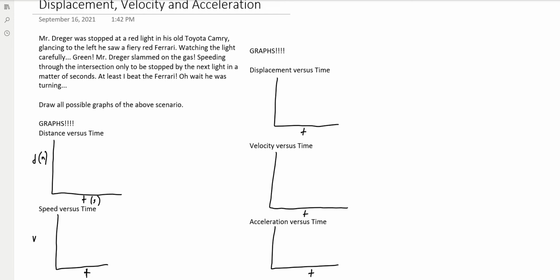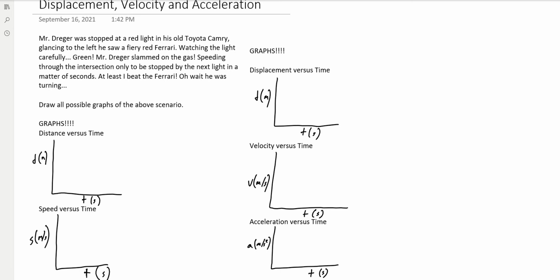This is speed, so let's put speed in, in meters per second. Over here, we're going to have displacement in meters, velocity in meters per second, and acceleration in meters per second squared.